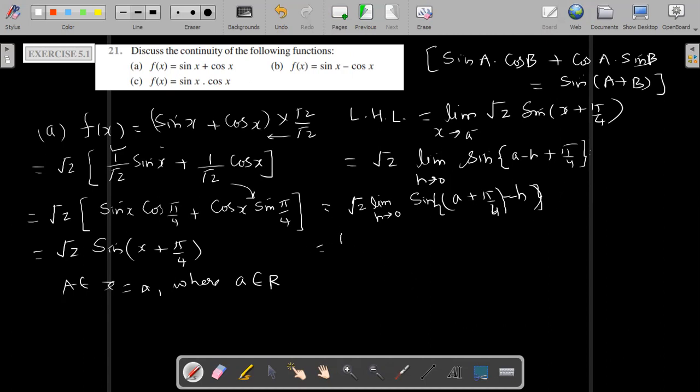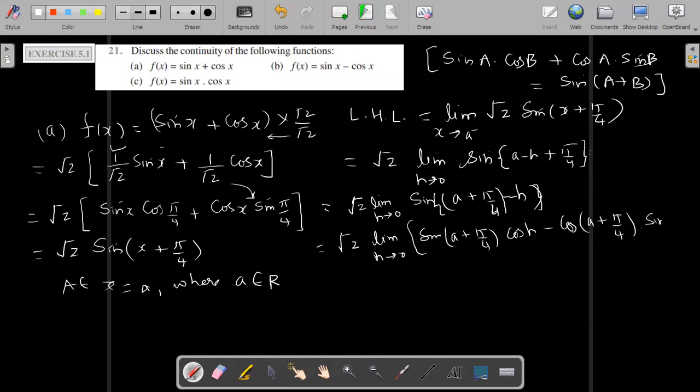So this will become root 2 limit h tending to 0 sin a cos b, sin(a + π/4) cos h minus cos(a + π/4) and sin h.